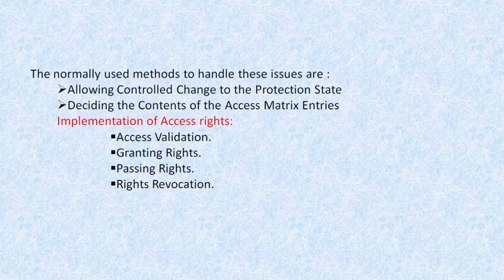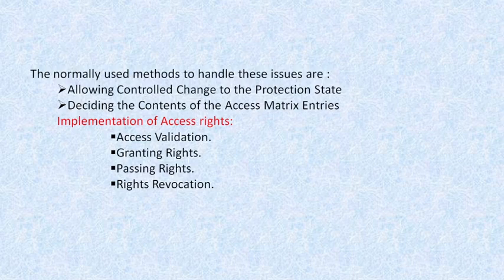Then only we give validation for that particular access. Similarly, granting rights means an access right R for any object O is granted to the domain only when that object O is first searched in the list of domain D.